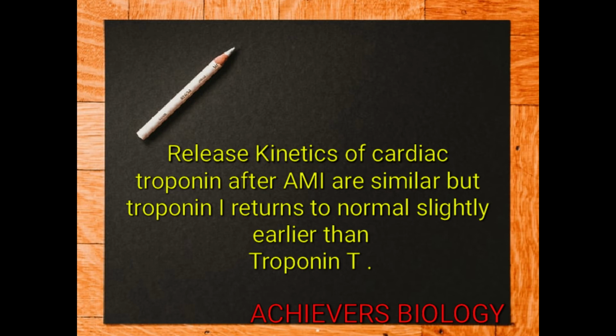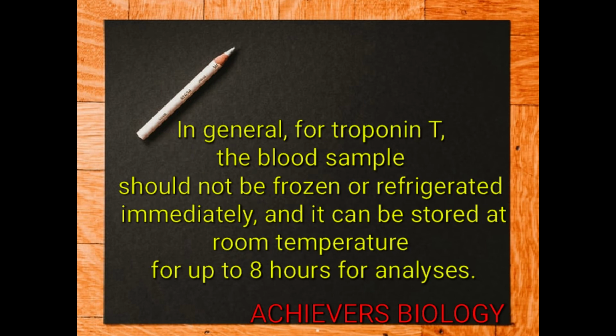The disadvantages claimed by the cardiologist for Trop T may turn into an advantage for the nephrologist, because in kidney disease Trop T level becomes higher. Trop T in the blood sample need not be frozen or refrigerated immediately, and it can be stored at room temperature up to 8 hours for analysis.